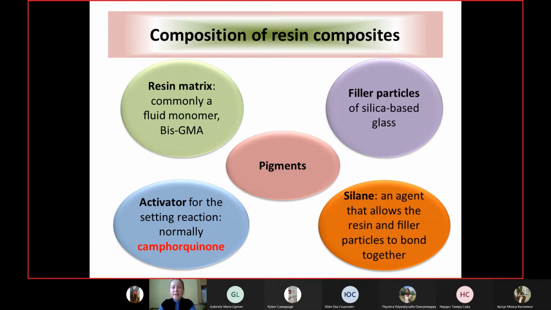Then we have an activator for the setting reaction, that is normally camphorquinone. I will stress your attention on this. And silane is the agent that allows the resin and filler particles to bond together. And of course pigments to make them aesthetic.